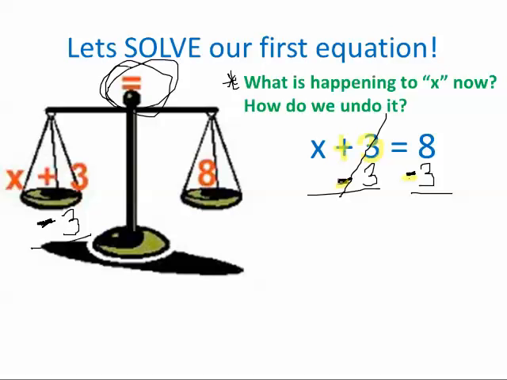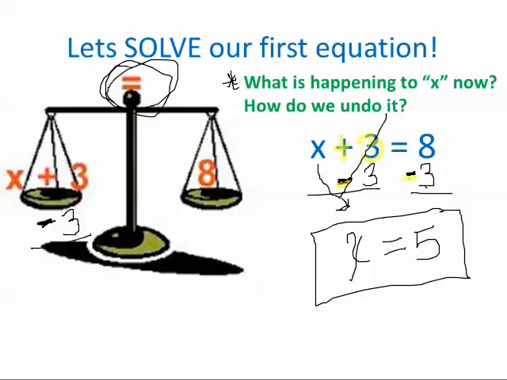I usually just leave it out and say, okay, what's left is this x. So I'll rewrite the x. I rewrite my equal sign, and then I do the math on this side. Well, 8 minus 3 is 5. So x must be equal to 5. I'm going to keep saying this because you'll make mistakes, but I want to be clear.